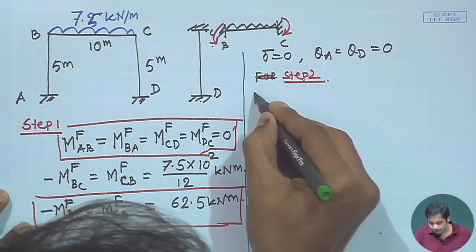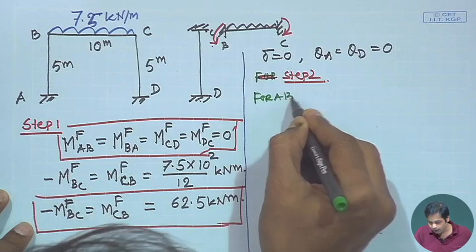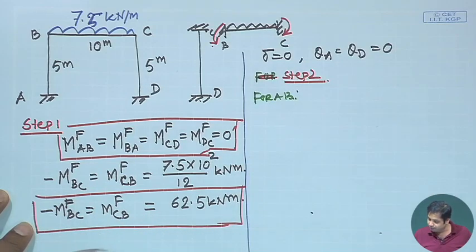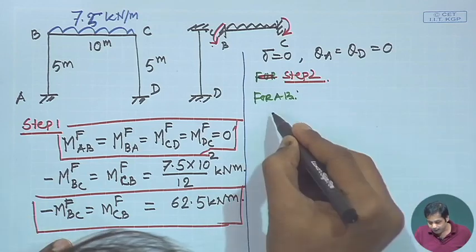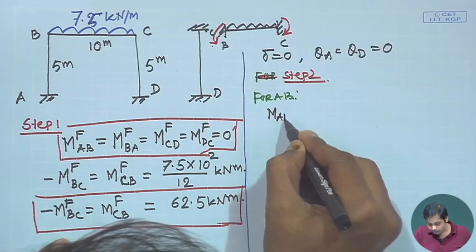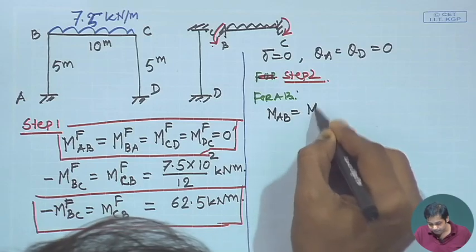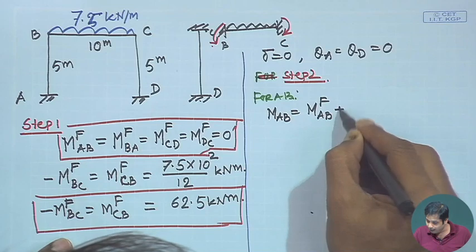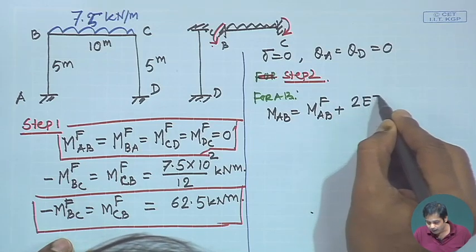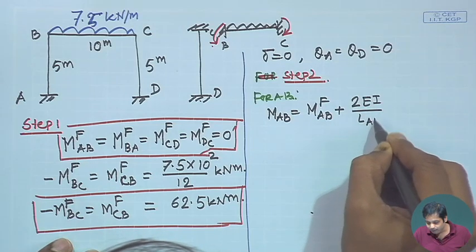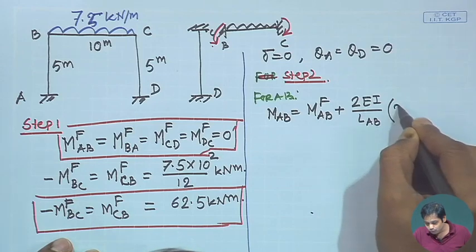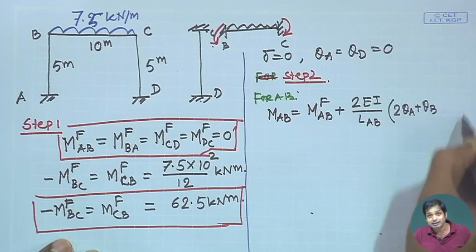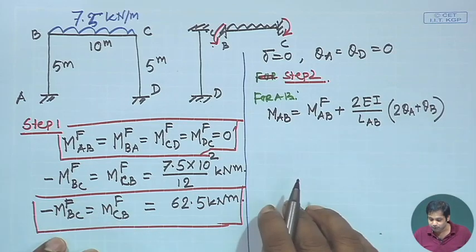So, for AB. Okay. Now, what would be the slope deflection equation for AB? That will be MAB will be AB fixed end moment plus 2 EI by LAB into 2 theta A plus theta B plus delta, there is no delta, so delta is equal to 0.